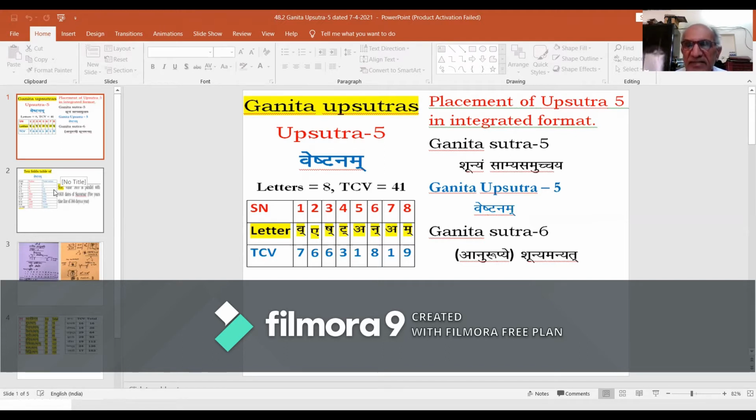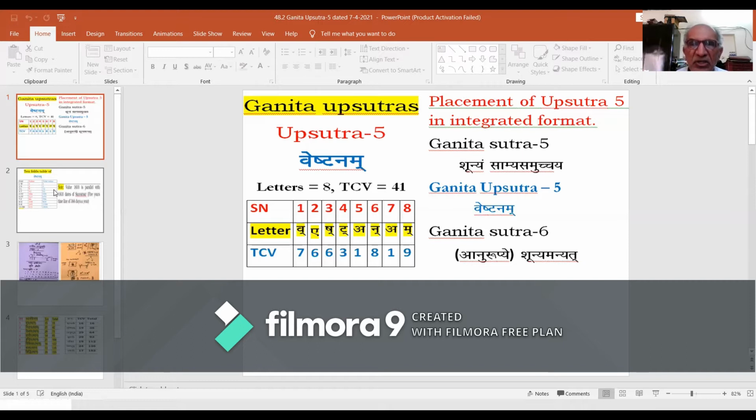Ganita Sutras make a complete mathematical domain in itself, and as such, the organization format of Ganita Sutra is a distinct format. Likewise, Ganita Upsutra as well make a distinct mathematical domain.